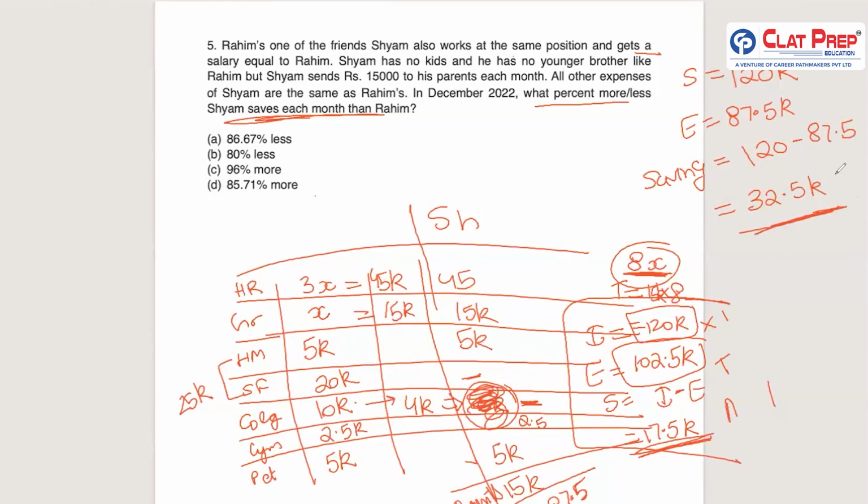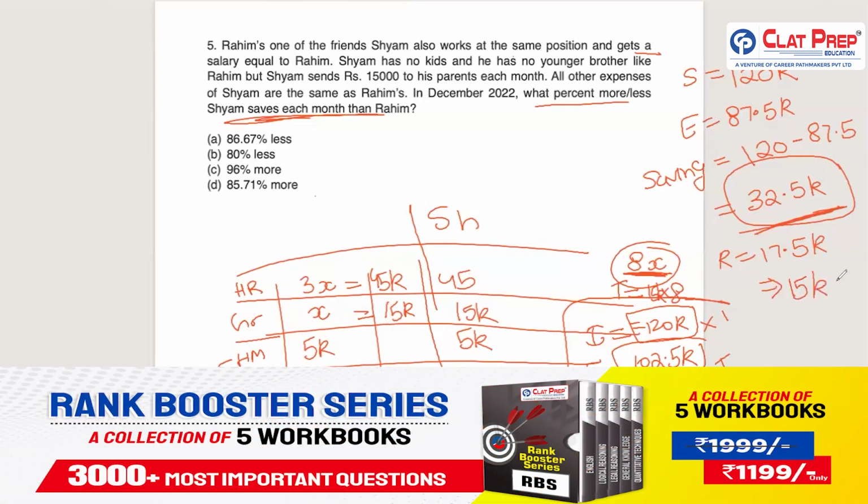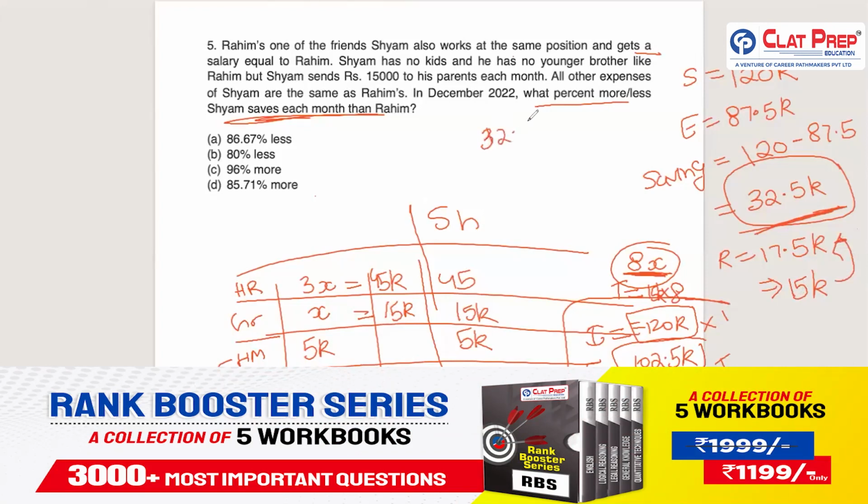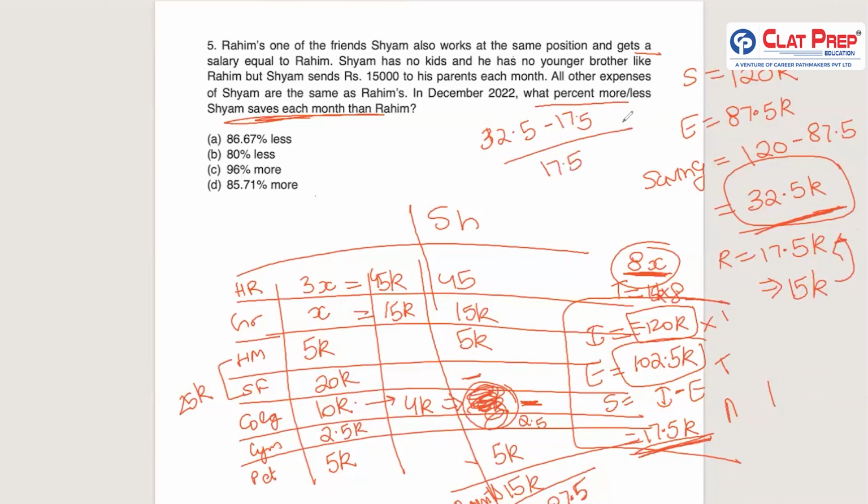ठीक है, अब उसकी मोर और लेस सेव्स, उसकी सेविंग्स कितनी है 32.5. रहीम की सेविंग कितनी थी 17.5K. कितने का डिफरेंस आया दोनों में 15K. इसने रहीम से कितना ज्यादा सेव किया 15K. तो 32.5 माइनस 17.5 अपॉन 17.5 इंटू 100%. ठीक है, यू सॉल्व दिस इज 15K upon 17.5K.